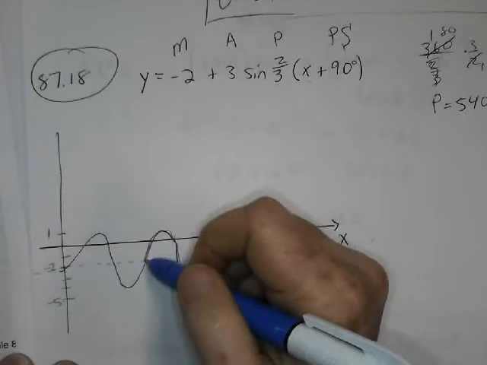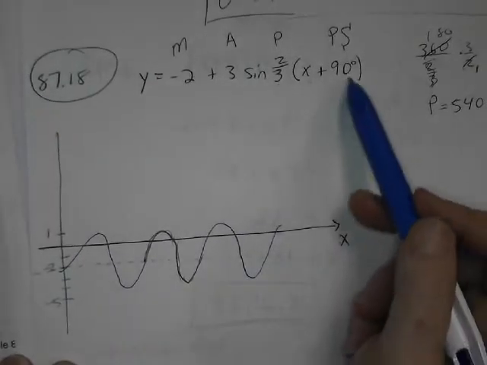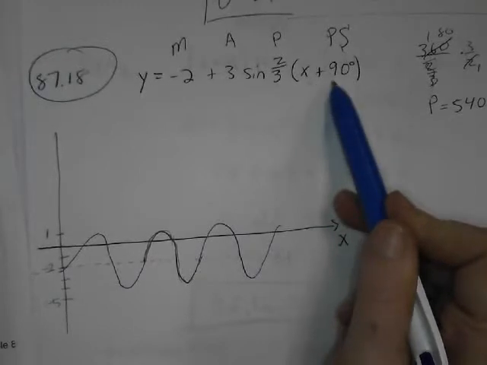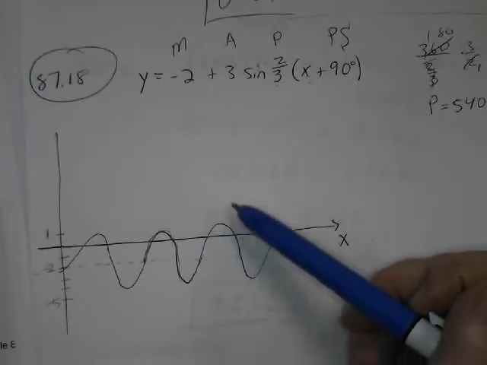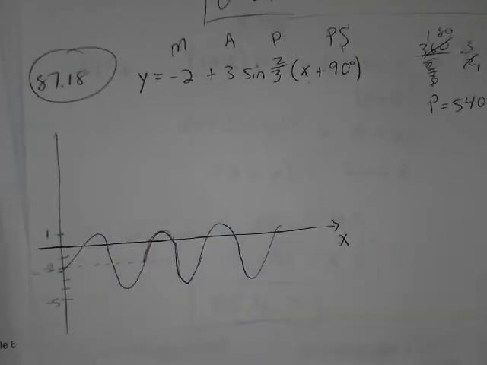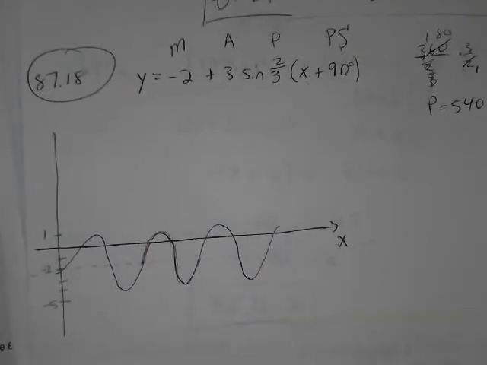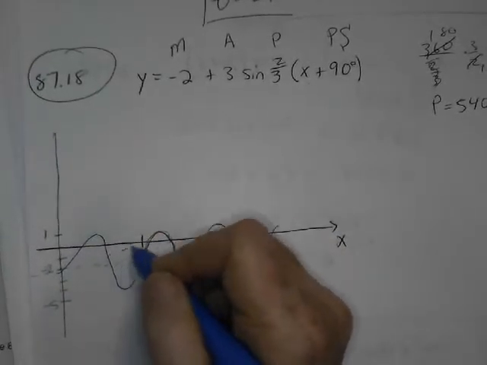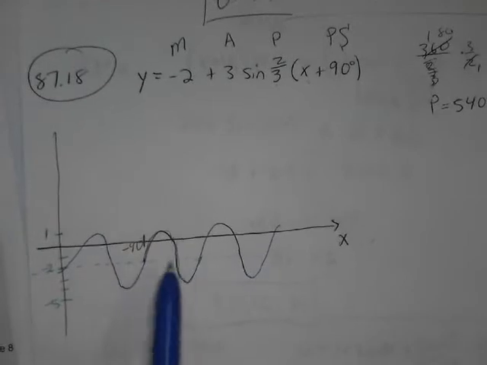And so I'm going to put this starting place to the left of the y-axis by 90 degrees. Or I could say that's -90. Then I'm going to have to put my y-axis in there, aren't I? Okay.